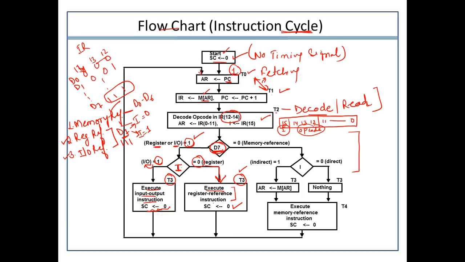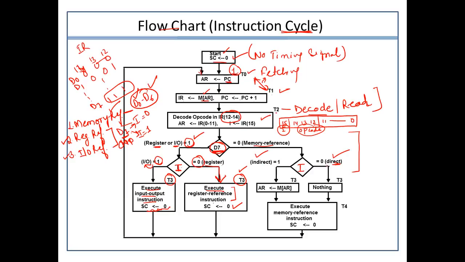If the value of D7 is equal to 0, means D7 is not activated, it means that it is from D0 to D6 only, then definitely it is a memory reference instruction. Now under the memory reference instruction also, I need to determine which type of memory reference, whether it is direct or indirect. If the I value is equal to 0, it is a direct instruction, right? If it is 1, then it is indirect.